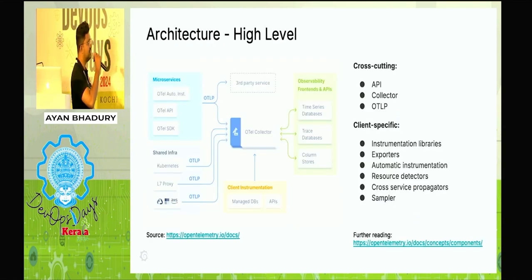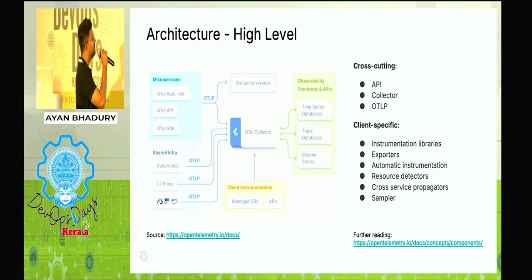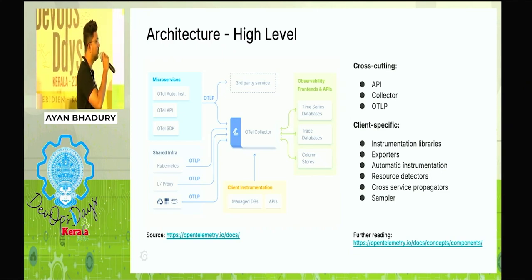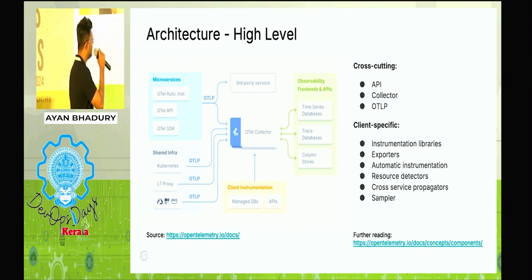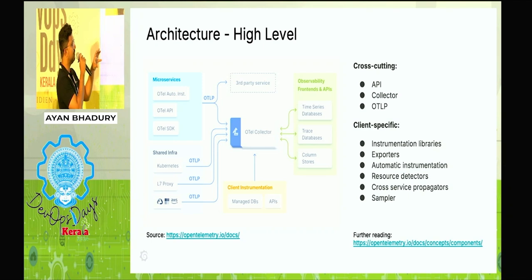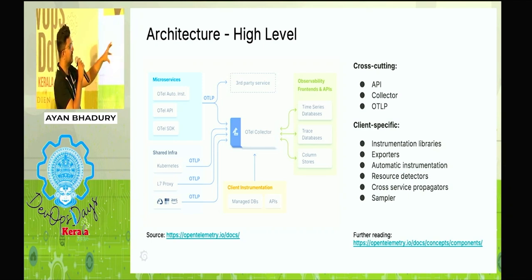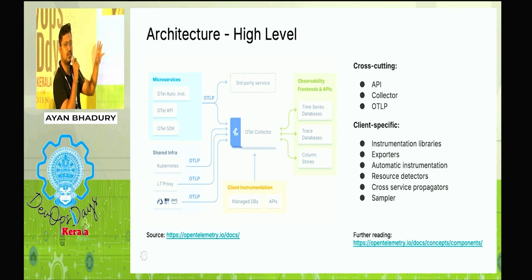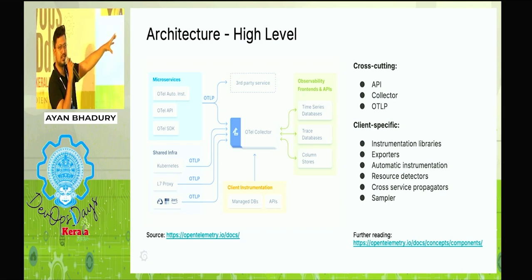So this is another high-level architecture diagram of what OpenTelemetry is. So basically, as I mentioned, these are the SDKs, the microservices that are running, that send the data in the OTLP format. You have the OpenTelemetry collector in the midway for processing and deciding where to send the data. Otherwise, if you do not want to use the OpenTelemetry collector, you can send this to third-party services.